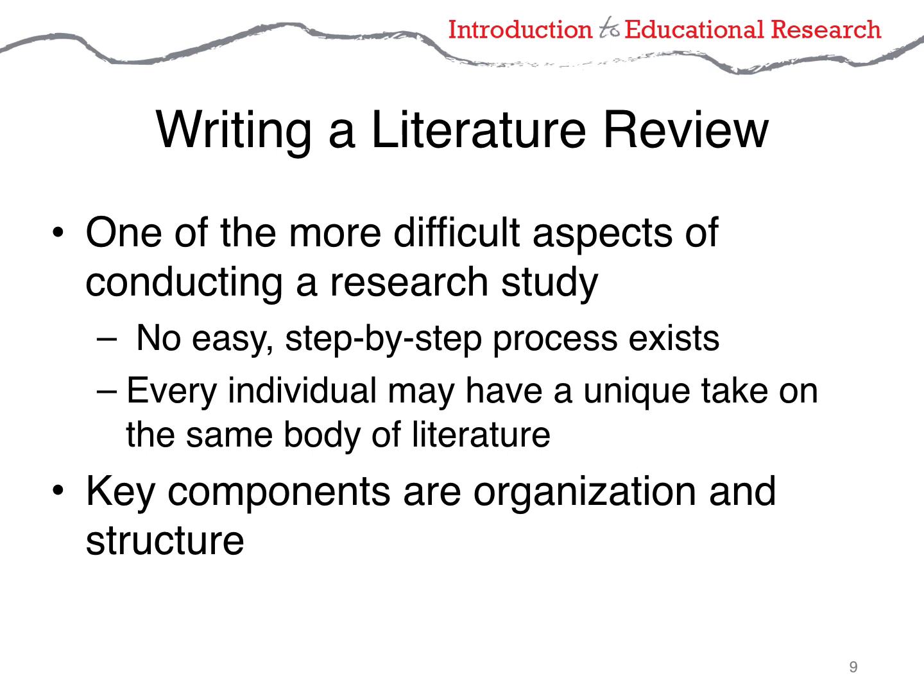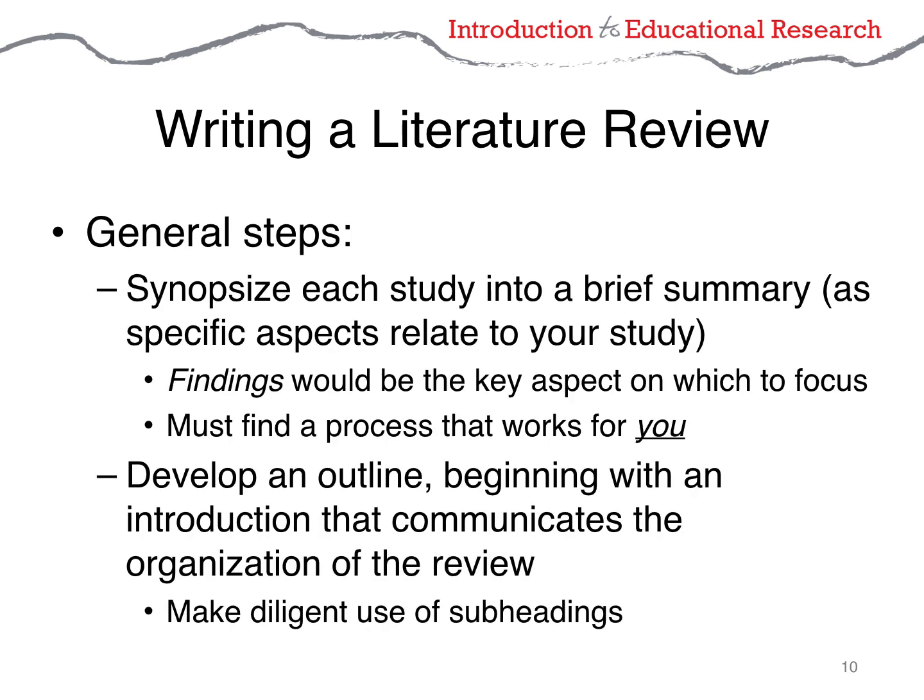So key components that go across the organization and structure of your review, these general steps when you're writing up your literature review, are to find a way to extract meaningful data across studies and then outline or synthesize main ideas.